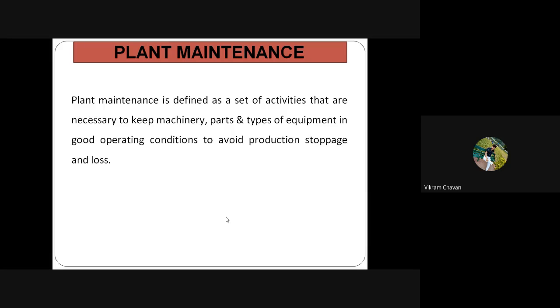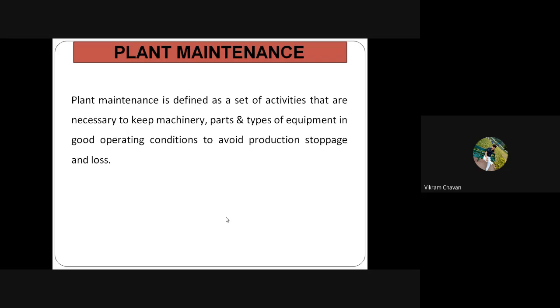The machines are in an idle condition, and the manpower will also be idle, so that time will be lost and we will not achieve the target, will not achieve the inventory level properly. So these are the consequences of a loss of production.